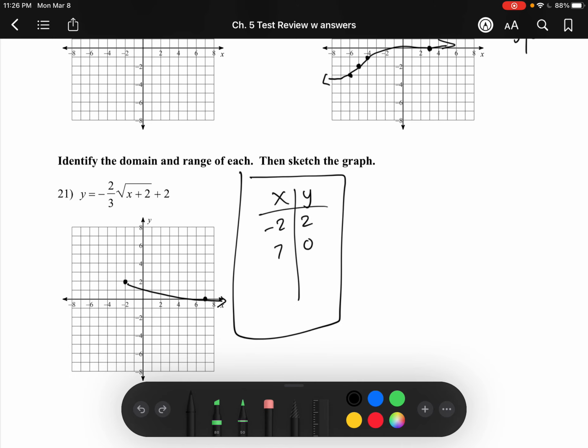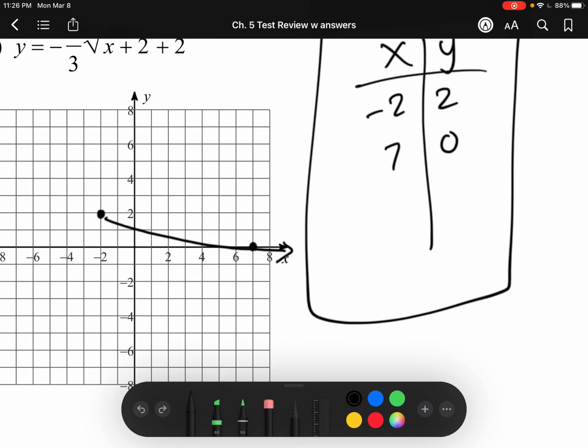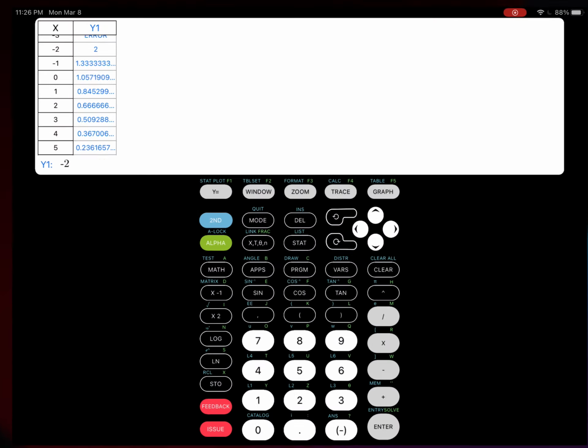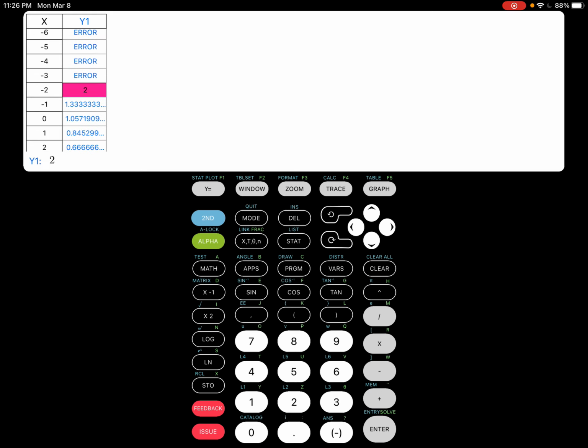And so finally, this tells us identify the domain and the range of each. So for my domain, the graphing calculator tells you your domain, right? So negative 2 is the last one that you can get a value for. Everything before that, you get an error.